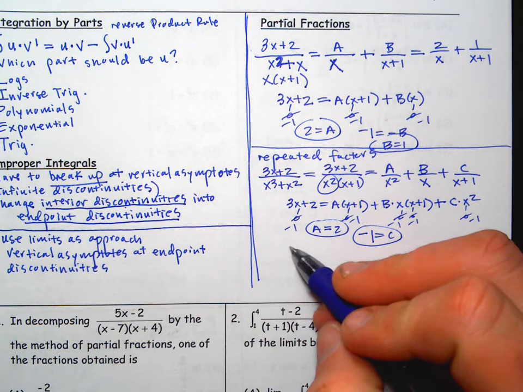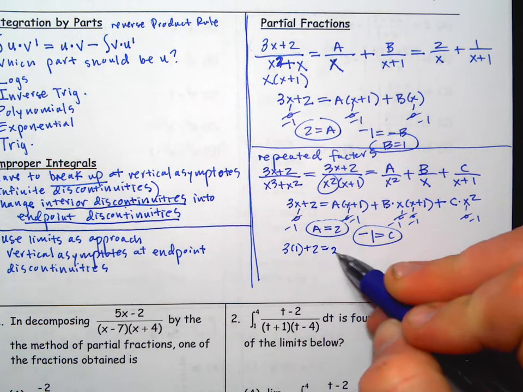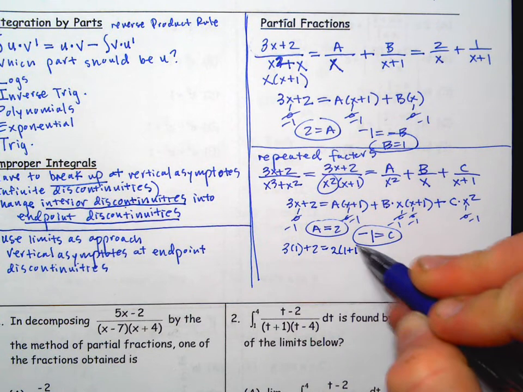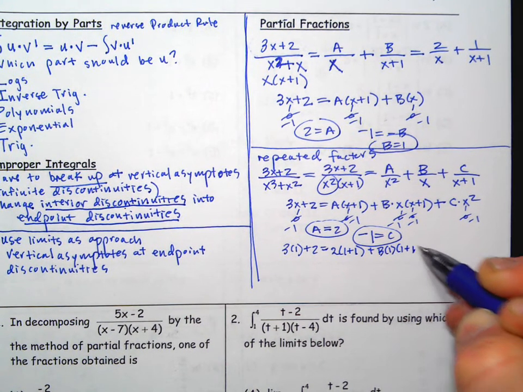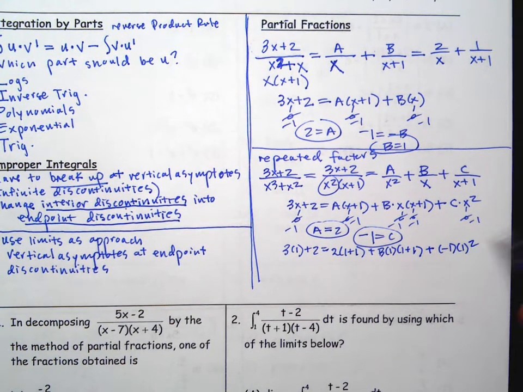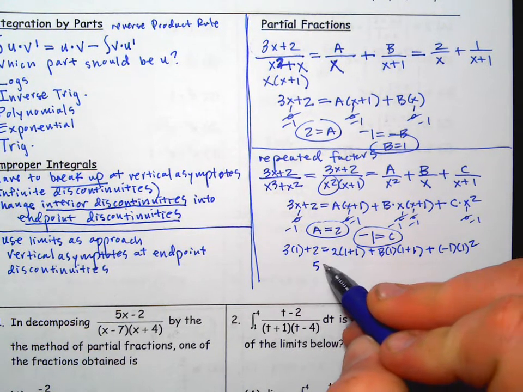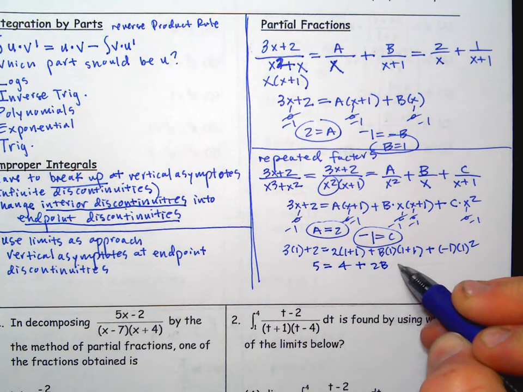So I'm going to plug in x equals 1 and the a value is 2. And the c value is -1. Okay, so then we get 5 equals 4 plus 2b minus 1.